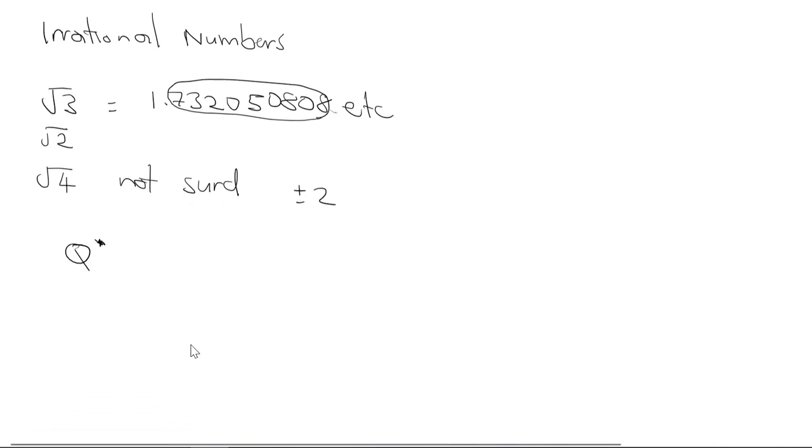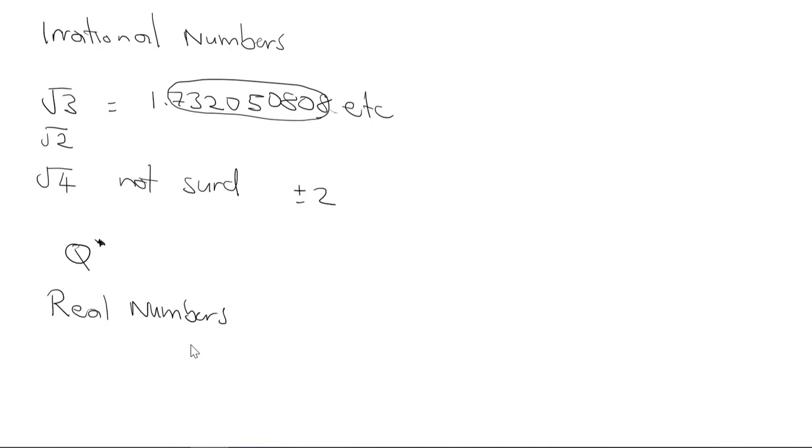The next set we will look at is the set of real numbers. Real numbers are very important because we will be working with real numbers for the majority of this course. So what is the set of real numbers? Combining the set of rational numbers and the set of irrational numbers creates the set of real numbers.